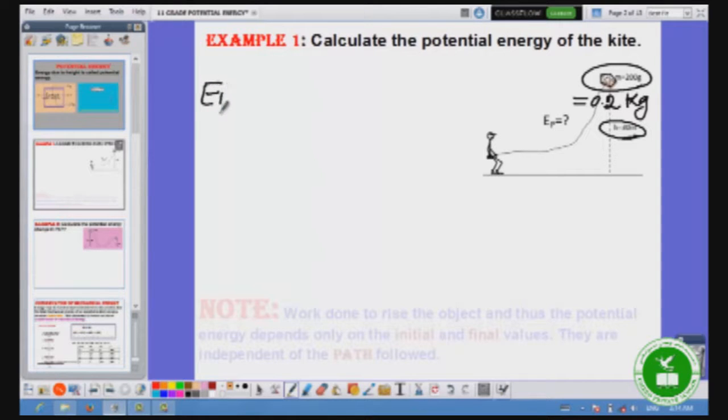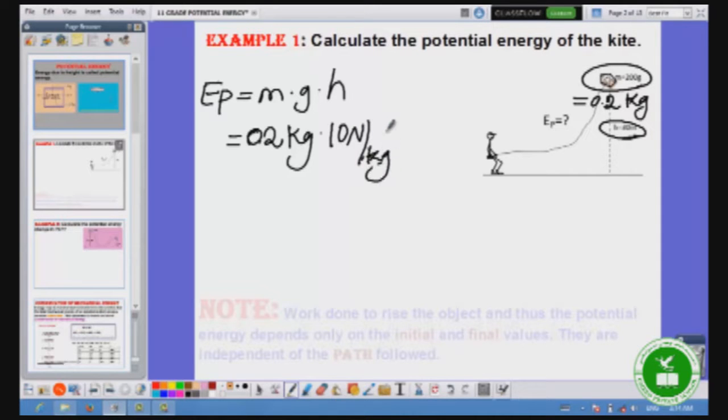Potential energy is equal to m times g times height h, and mass is given as 0.2 kilogram, times g, you know 10 Newton per kg, times height, here it is 30 meter.